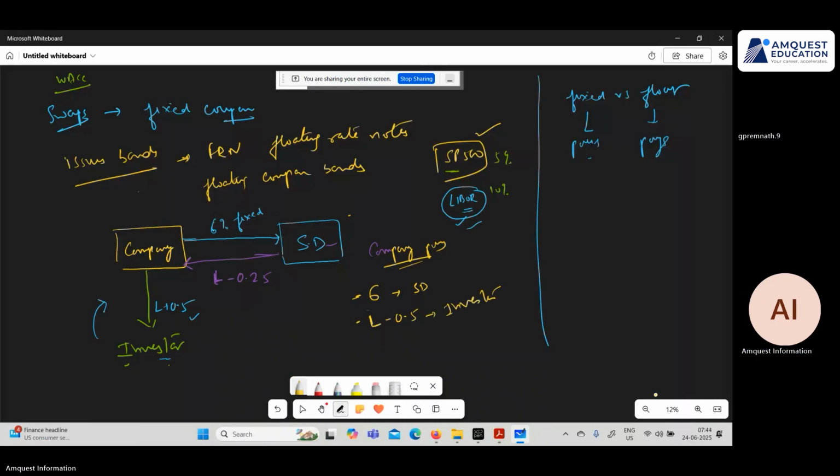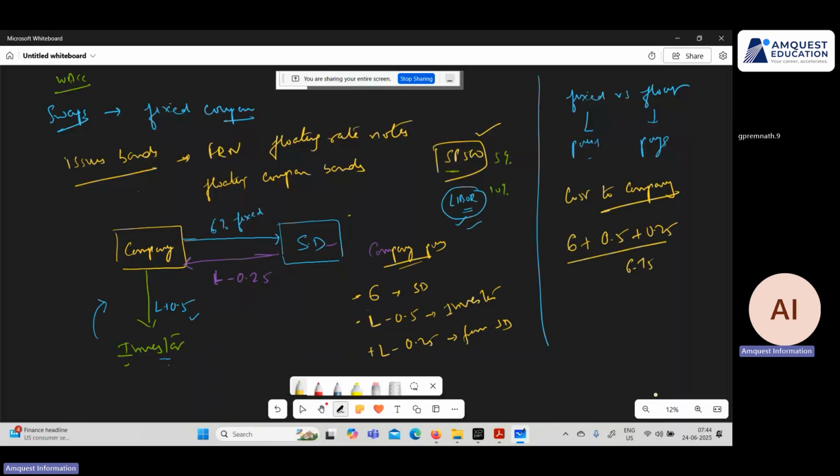And it will get plus L minus 0.25 from the swap dealer. So can I say that the overall cost to the company is 6.75? It is 6 that he pays to the swap dealer, plus 0.5 that he pays to the investor, and an additional 0.25 that he is not getting from the swap dealer. Total is 6.75, but 6.75 fixed.